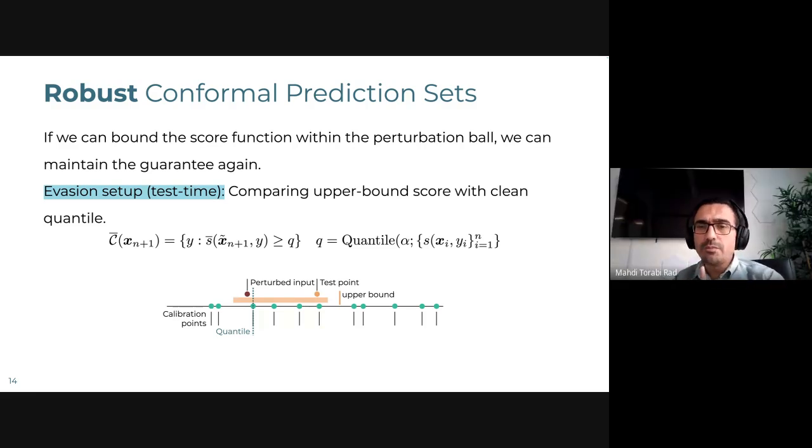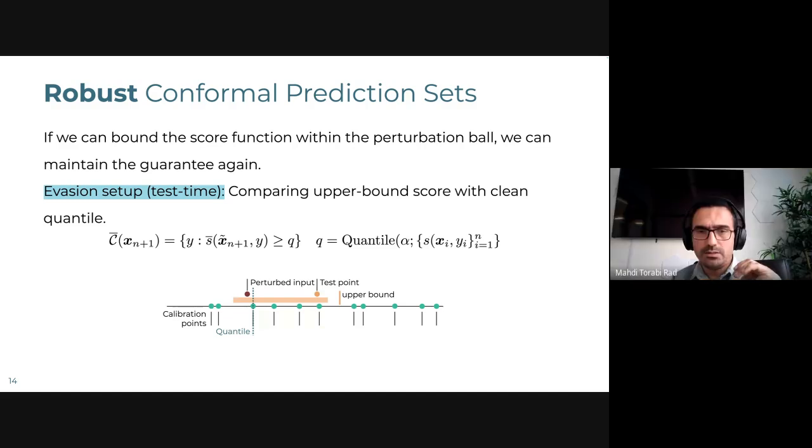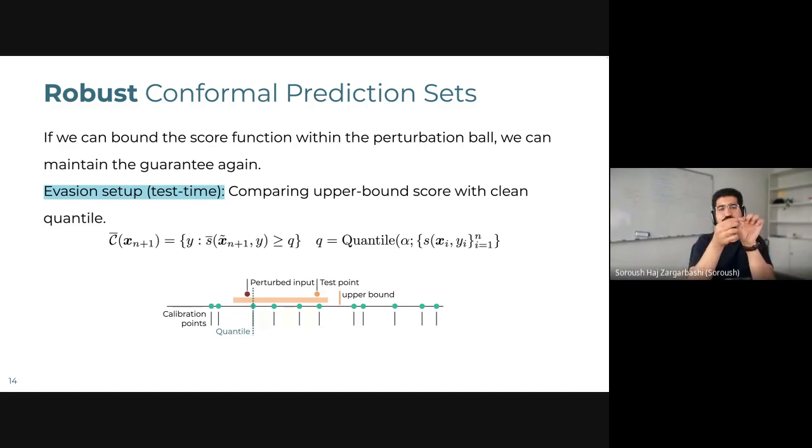This is an upper bound on exactly what? Assume that we are now just looking at label Y2, for example. I have this perturbed point, and on its own it has some score. But if you look at any point in the R radius around it, there are different score values, and I want an upper bound on all of those. Oh, I see.